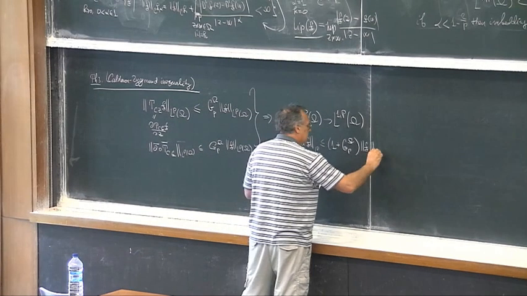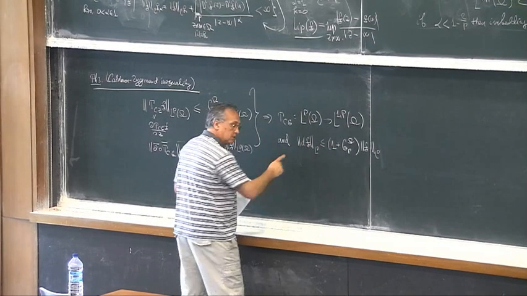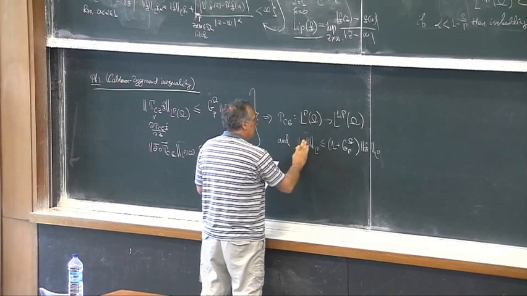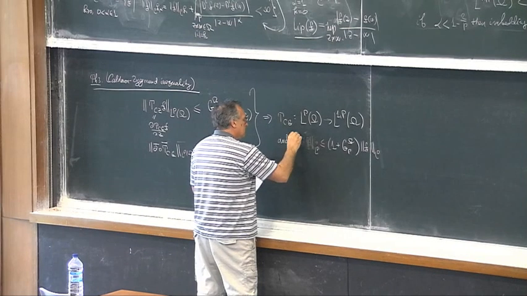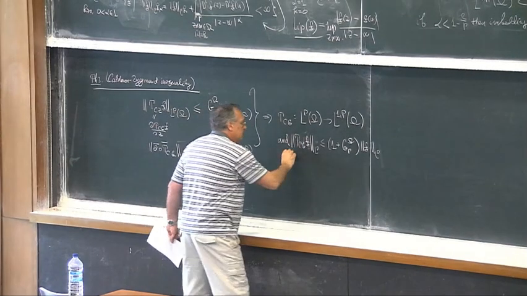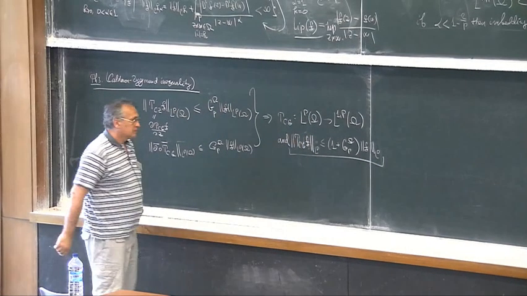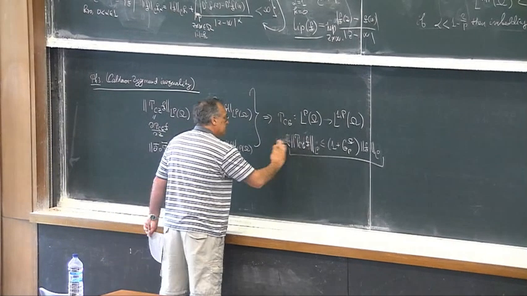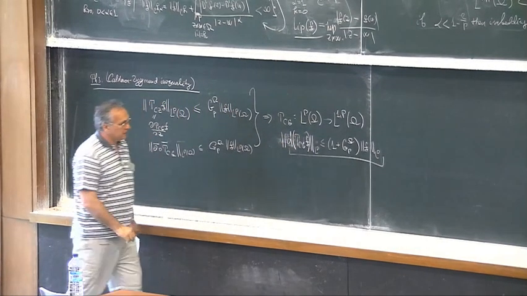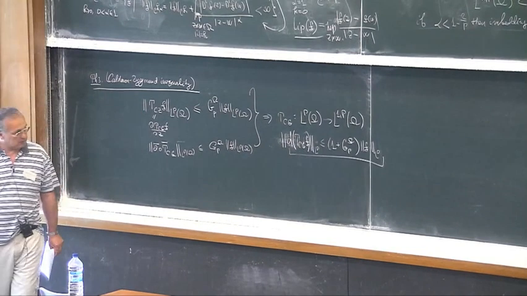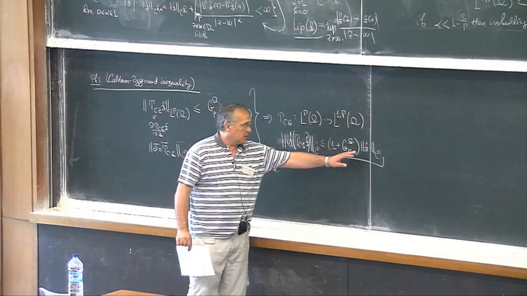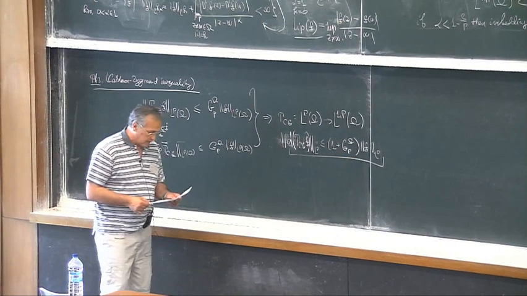No, I'm sorry, it's not f, it's the Cauchy-Green. So the differential of the Cauchy-Green transform, its LP norm, can be bounded by the LP norm of f.